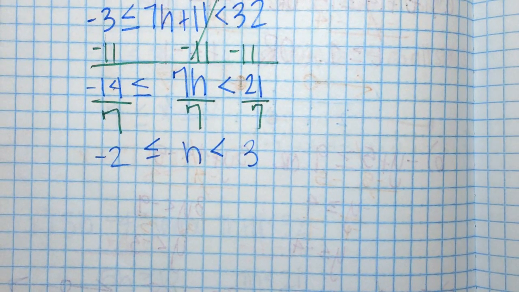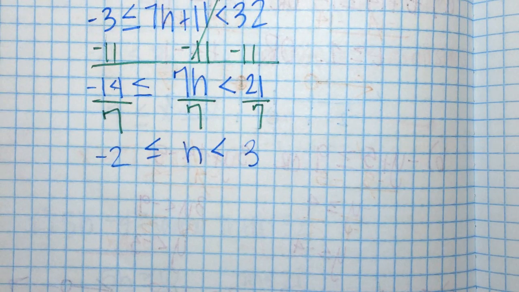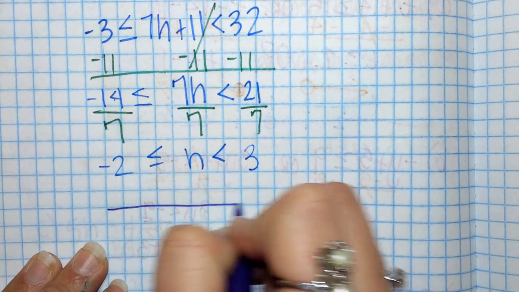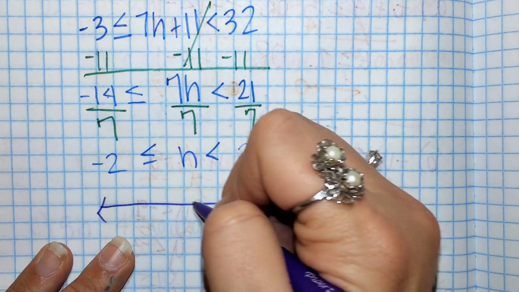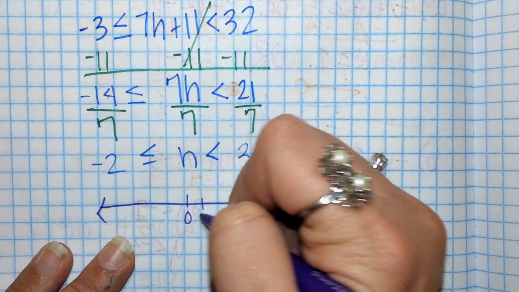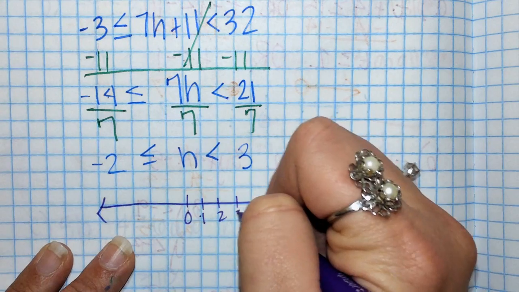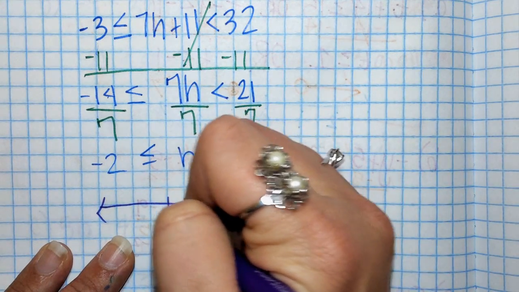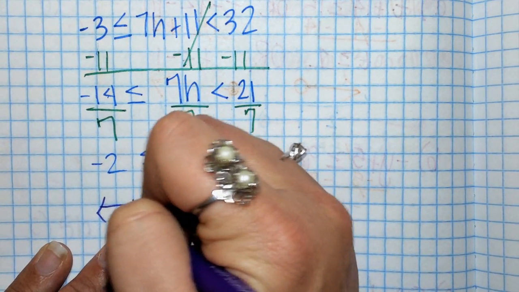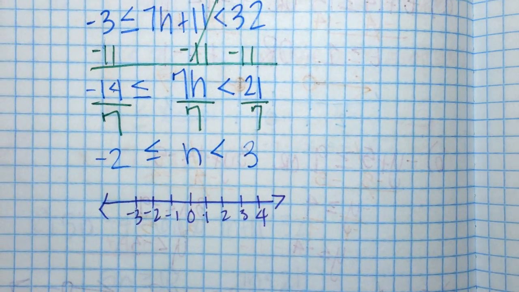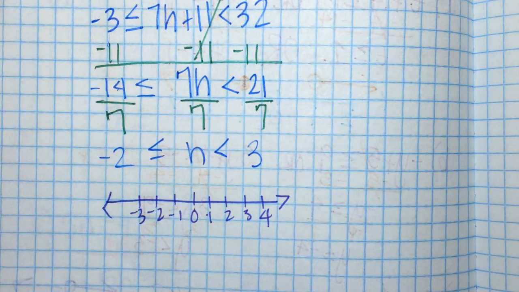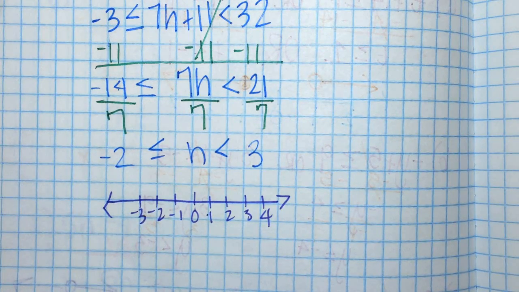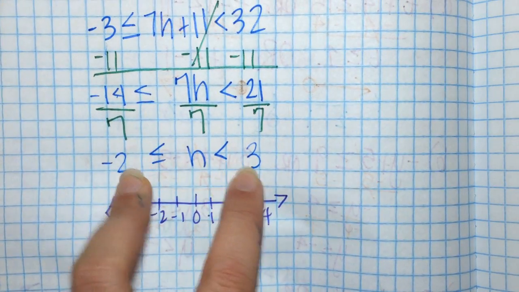Alright, now what do we need to do? Graph it! Alright, now we're gonna have 2 circles this time.